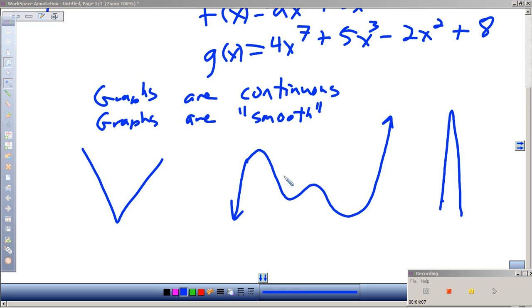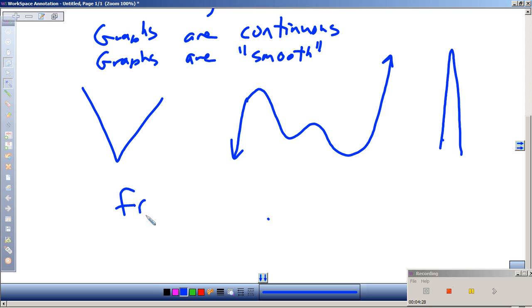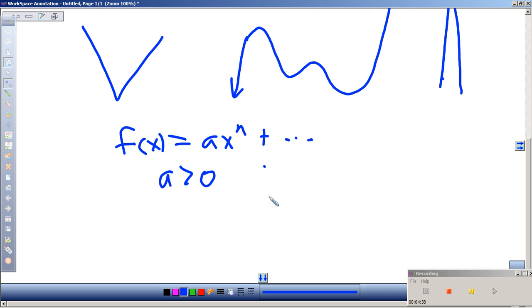Guess what? On which side? So, a key thing. If we have f of x equals a x to the n plus whatever, assuming it's a polynomial, if a is greater than 0, what's happening on the right-hand side? Yeah, it's going up.